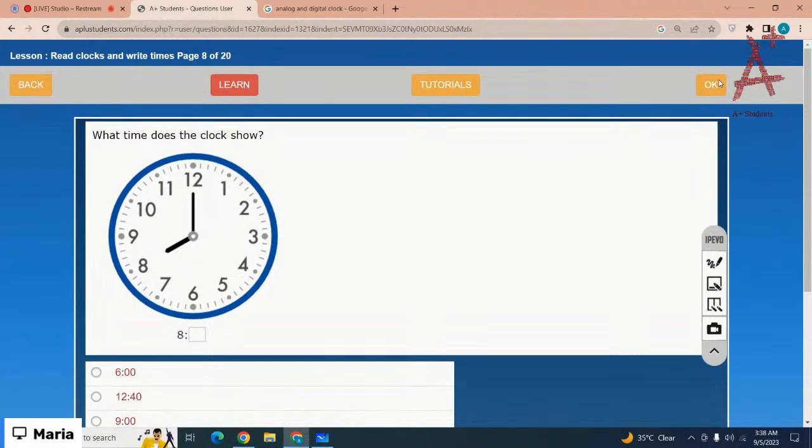What time does the clock show? Which is the correct option? The clock shows 8 hours and 0 minutes.